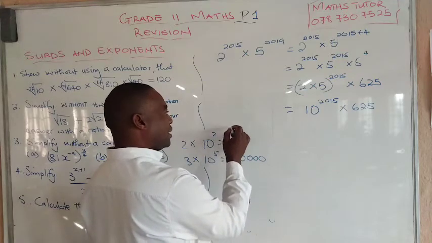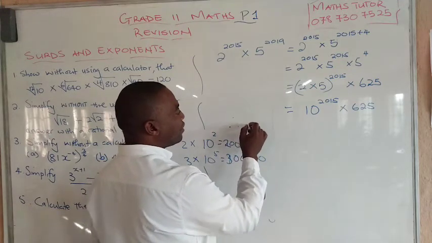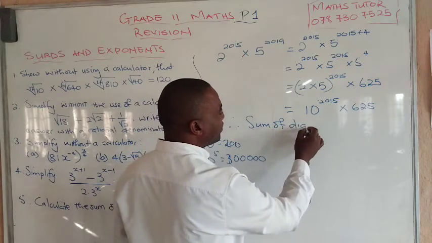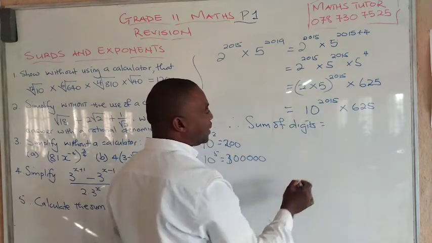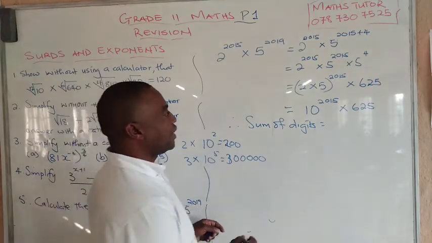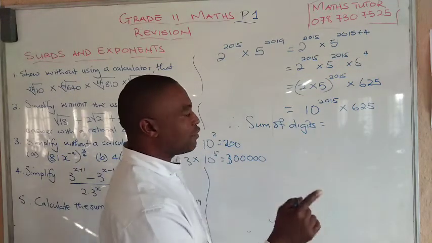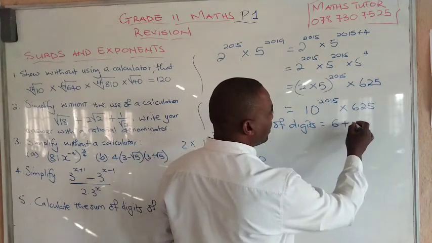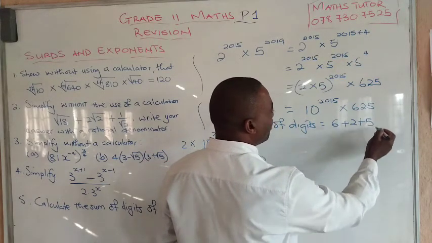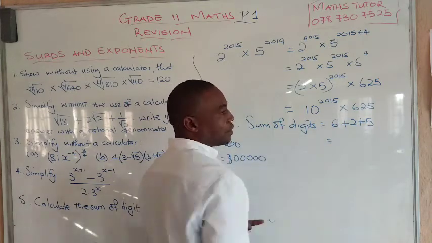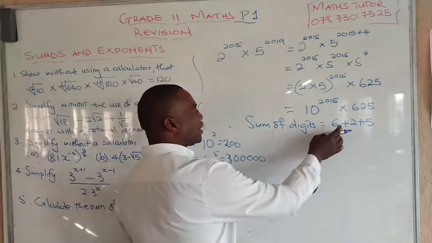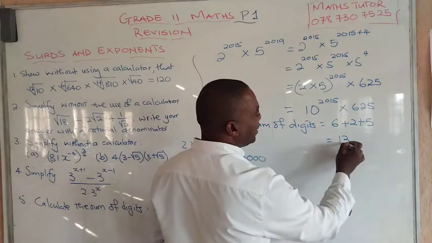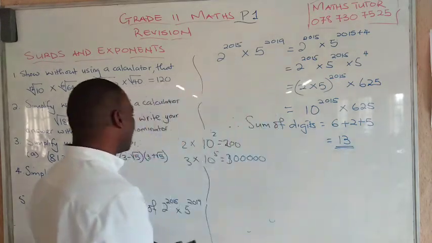So therefore, the sum of digits: the digits that we'll be having will be 6, 2, 5, and zeros. So it's 6 plus 2 plus 5 plus 0, which will not bring any change. So 6 plus 2 is 8, 8 plus 5 is 13. So that is the sum of digits.